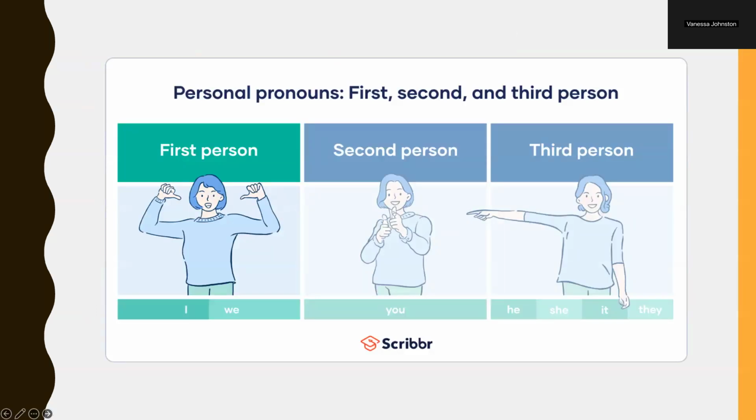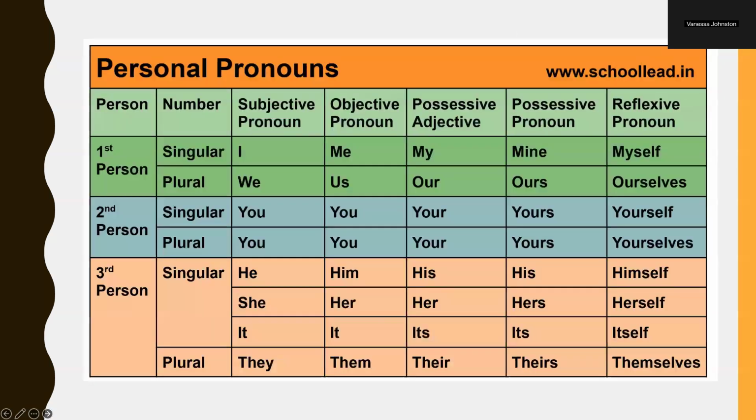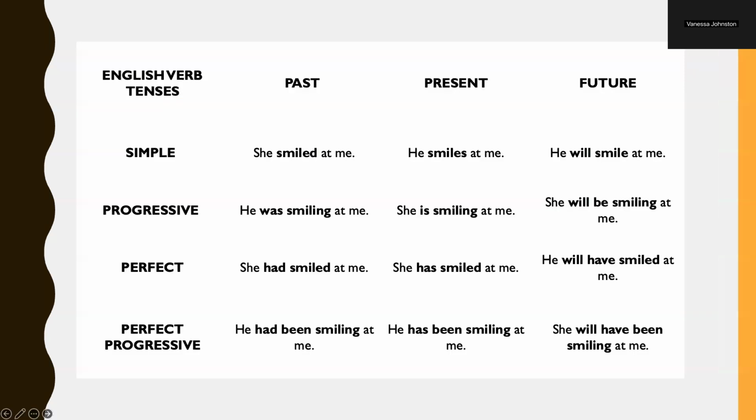First person personal pronouns are going to be I, we. Second person is going to be you. Third person is going to be he, she, it, or they. So we have first person singular, first person possessive, third person singular, third person possessive. So it's important to know what these mean. Okay, so make sure you do a review of those.